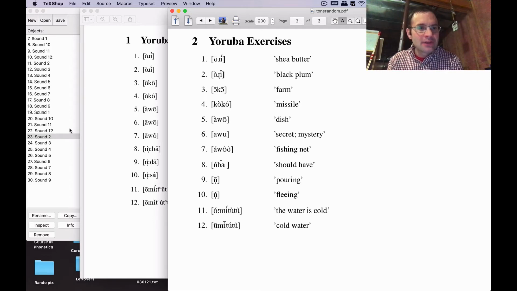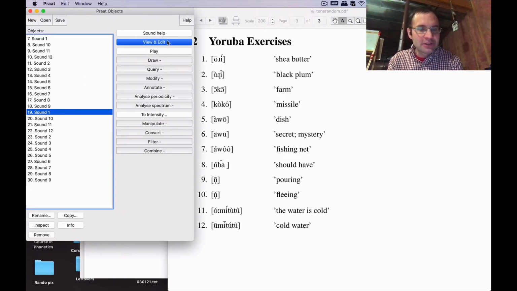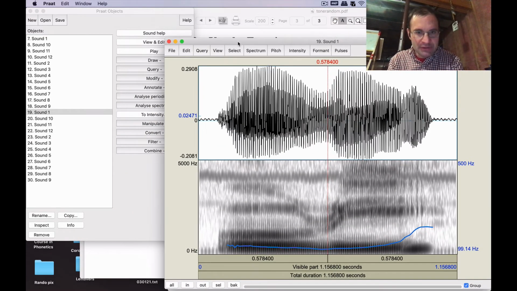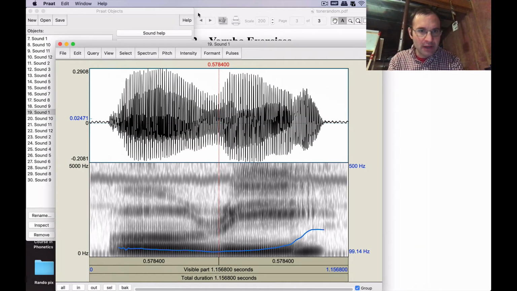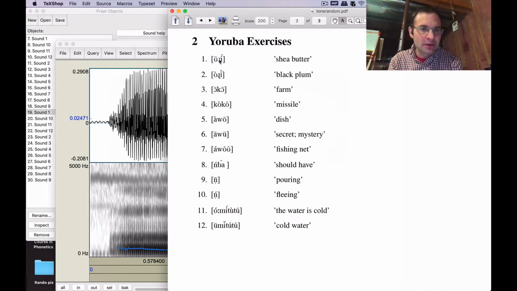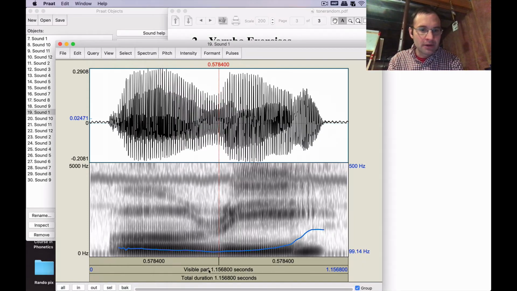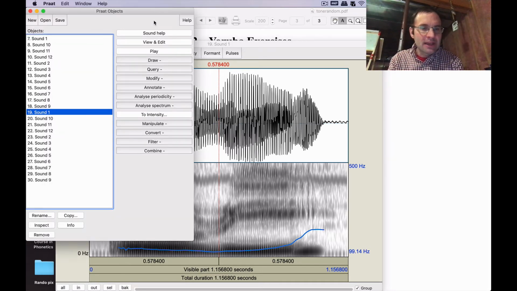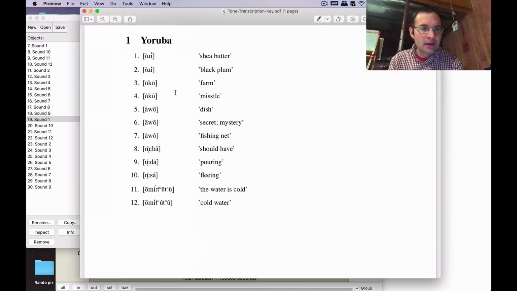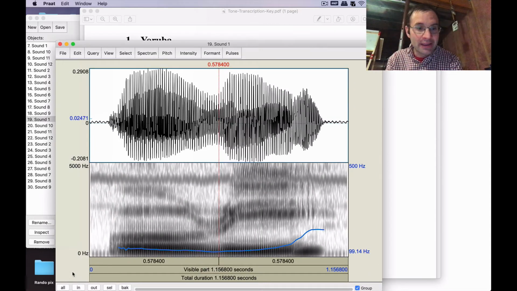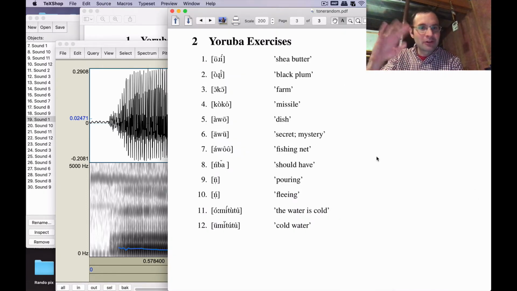If we look at the pitch track for number 1, we should be able to see what this person was transcribing. They transcribed it as a mid tone followed by a high tone. And I transcribed it instead as a low tone followed by a rising tone. So those two would have a similar pattern, right? Low followed by rising versus mid followed by high.